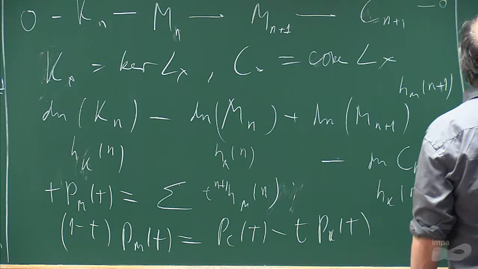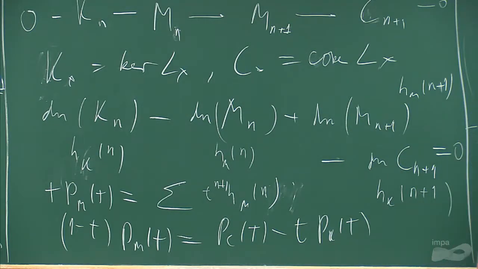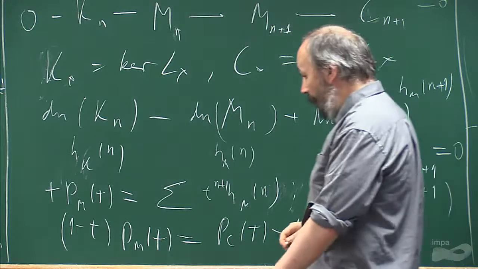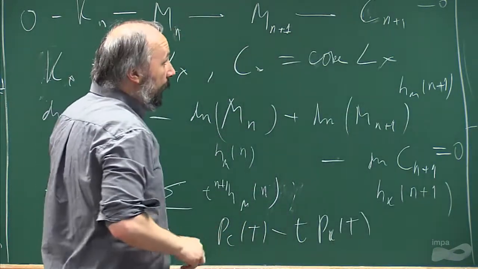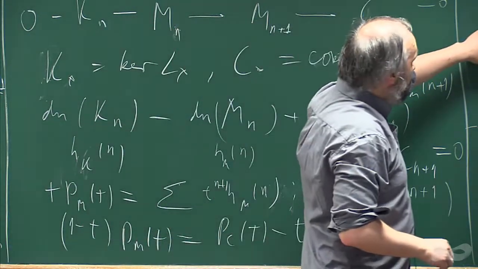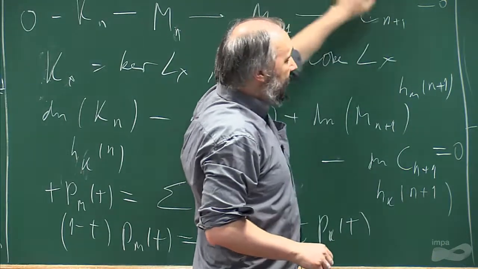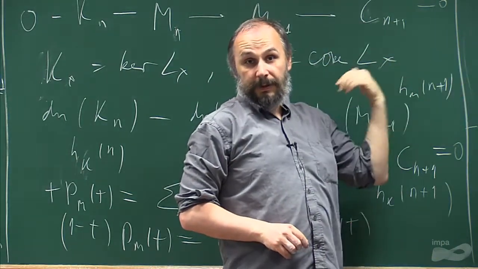C star and K star are modules over A. If you multiply any element of C by x, it becomes 0 because it sits in the cokernel.